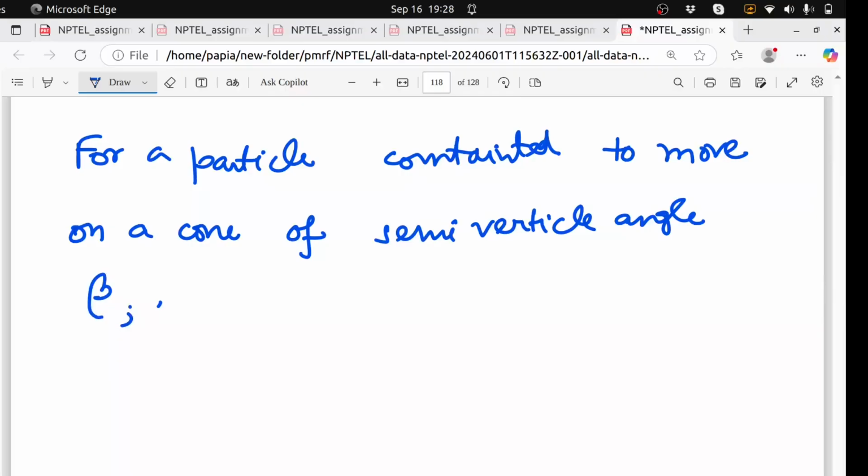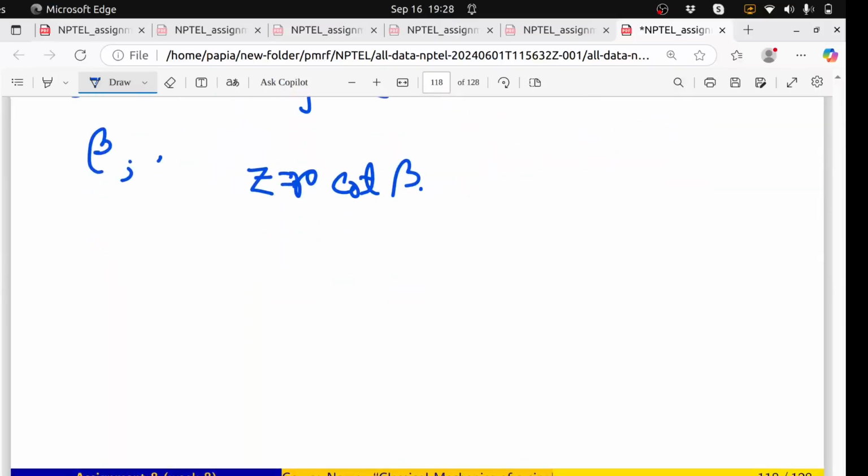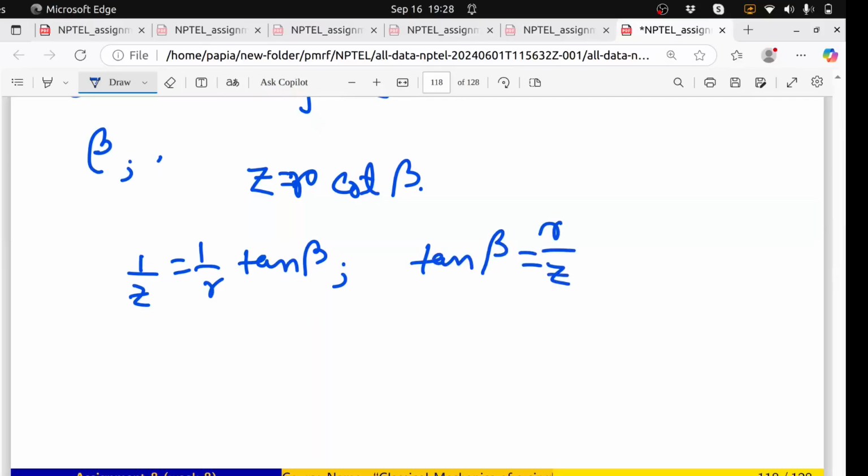for this case it basically satisfies R cot beta. I mean, it can be written as tan beta equals to R divided by Z. So R will be Z tan beta.